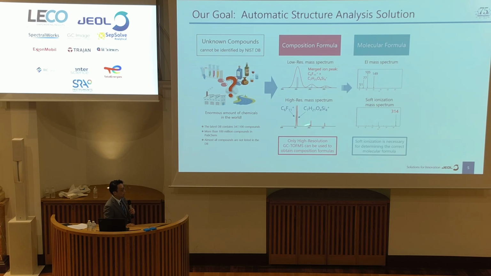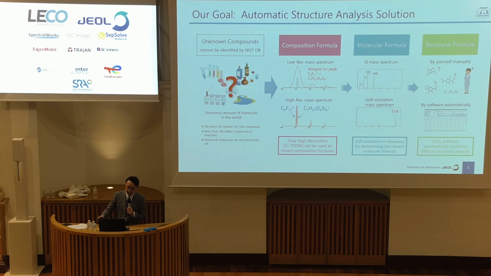But honestly speaking, our customers would like to know the structural formula, not only the molecular formula. This is the final phase of real unknown compound analysis. For the structural formula, we can do it by ourselves manually from the mass spectrum, or let the software do it automatically. Which one do you like?